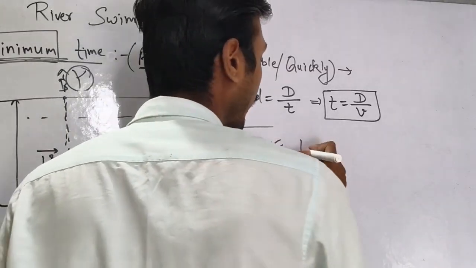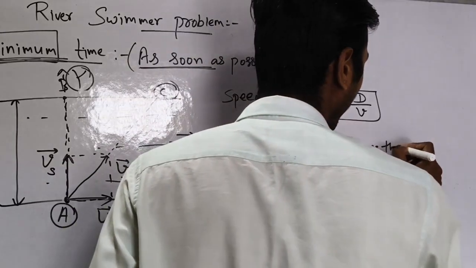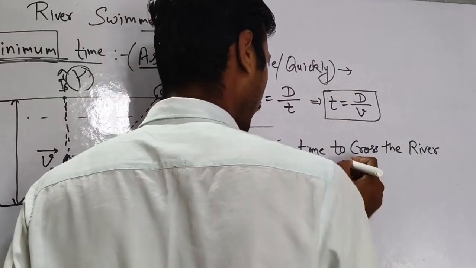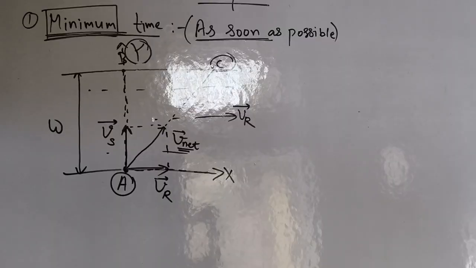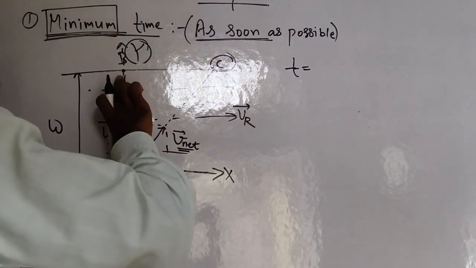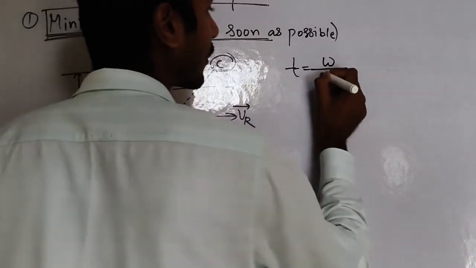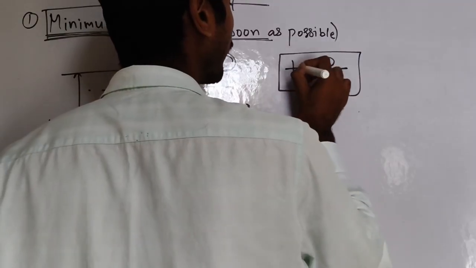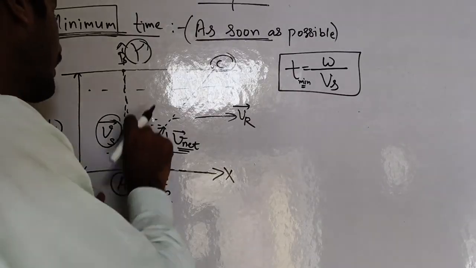So what is the time to cross the river? Time is distance upon speed. This is the distance, speed is Vs, in the y-axis we are assuming. So this is the minimum time with which he will cross the river.